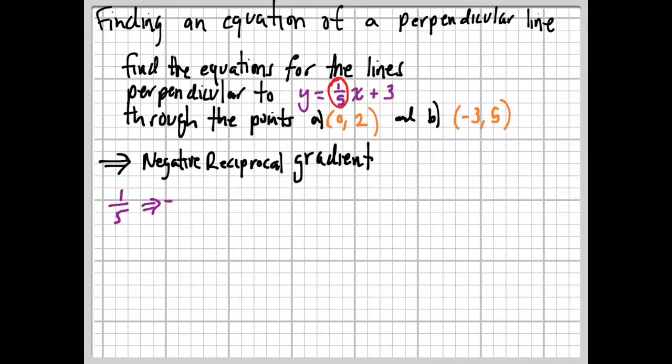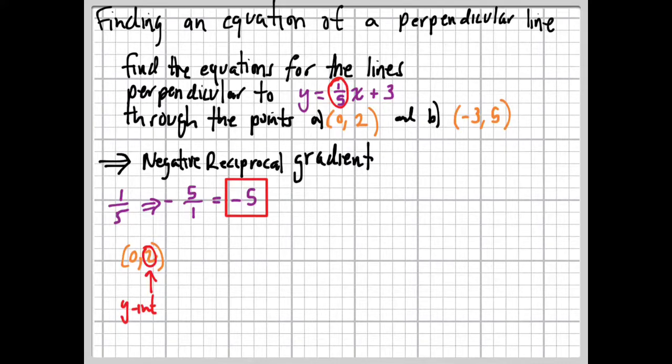If it was negative to begin with, we could just make it positive. And then we take 1/5 and we flip it to be 5 over 1. Now 5 over 1 we know is just 5. So the gradient for our new equations, for those perpendicular lines, is going to be negative 5.